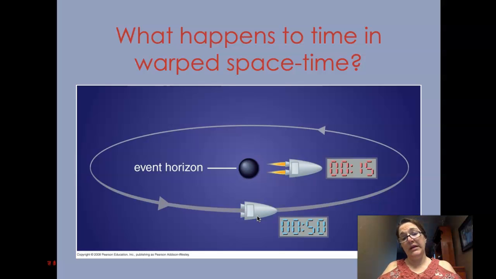So if we got in a spaceship with a clock, and we had one spaceship orbiting the event horizon of a black hole at a nice safe distance, and one spaceship that got very close, and you set the timer, 50 minutes later for the spaceship that was far away, for the spaceship that came in very close, only 15 minutes will have occurred.